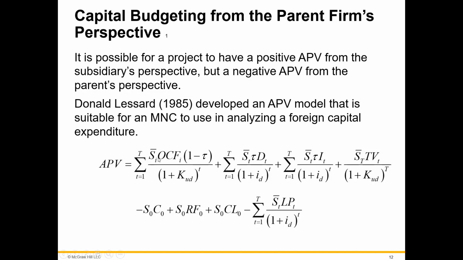Anyway, point being, if I'm a United States parent and I have a subsidiary operating in Thailand, I have my operating cash flow going here, right? I've got operating cash flow. I'm generating it in Thailand. And so I need to exchange my Thai baht for dollars to bring it back to the parent.